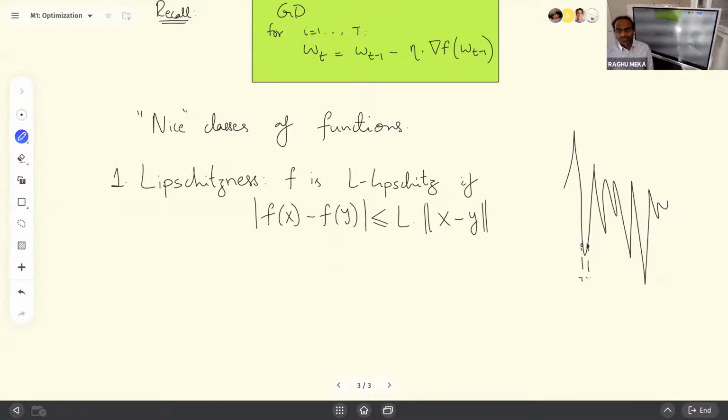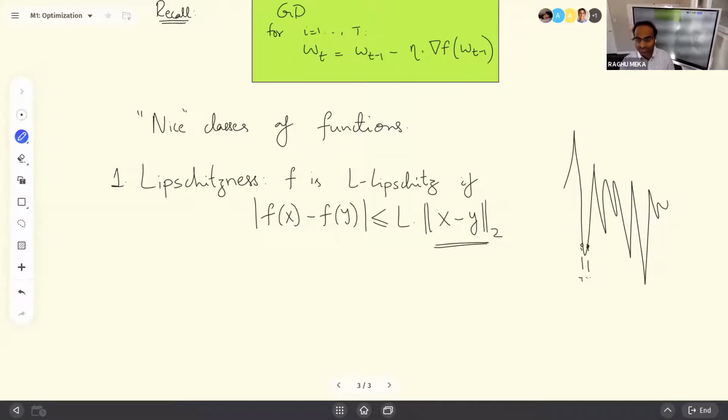Does this make sense? In high dimensions, there are two points, my two parameter values or whatever, and if they're too close to each other, then the function values should also be close. That's it. Often, when you try to do more sophisticated applications, how you define Lipschitzness is also important: what distance do you use between the two parameters, x and y?